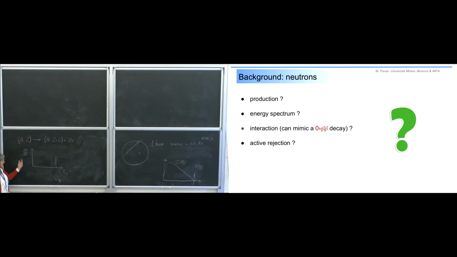And we have seen that given the present results, in order to have sensitivity for our experiment that wants to go beyond the present achievements, we have to be able to explore half-lives that are longer than 10 to the 26 years. And this will require a 1-ton detector, a 1-ton source, that means 1 ton of isotope.